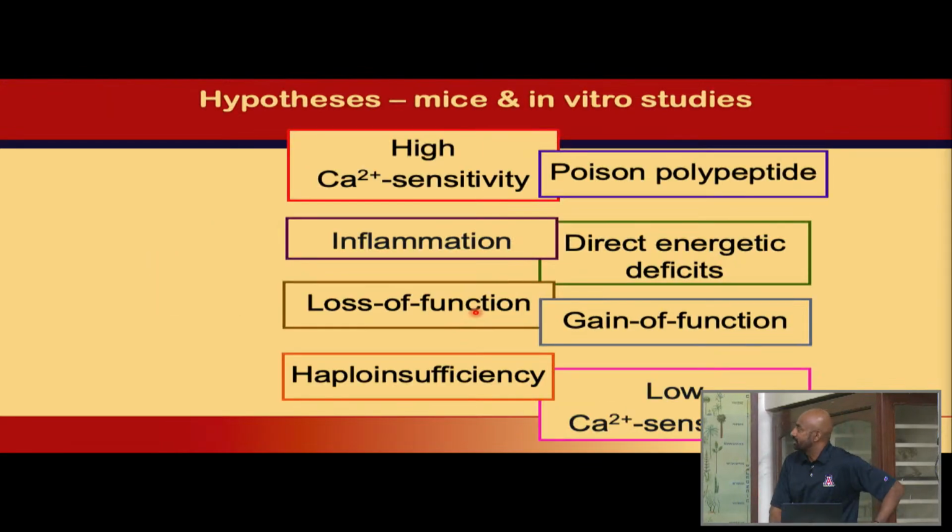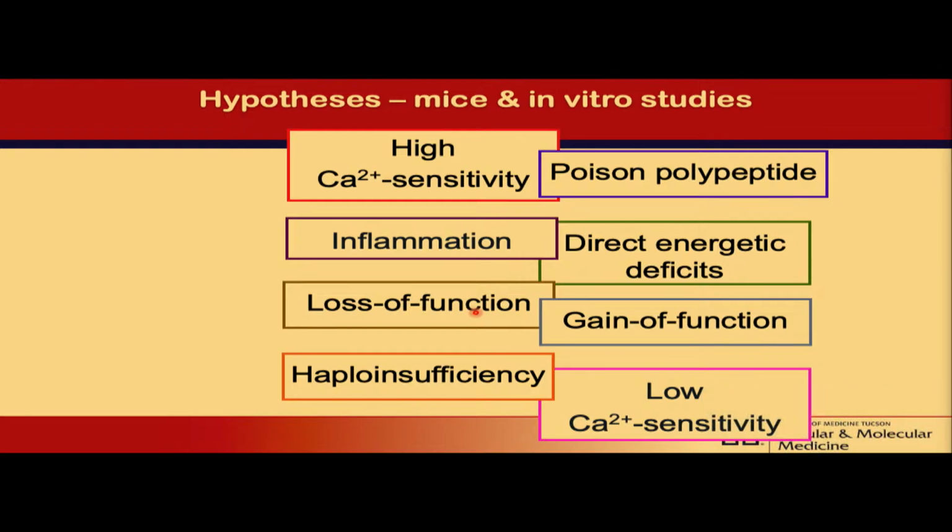So again, hypotheses, both in mouse models and also in vitro studies, various mechanisms can be found in the literature. For example, some mutations, either in troponin I or troponin T, can cause high calcium sensitivity. Some mutations can cause poison polypeptide.